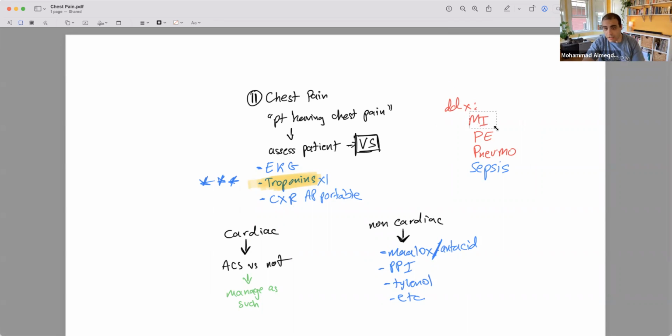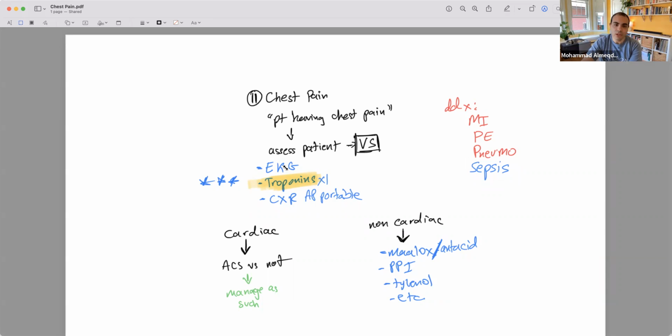It could be MI, could be PE, pneumothorax. I always say, never forget sepsis. Any change in the clinical status of the patient is sepsis until you prove otherwise. So keep sepsis in your mind, regardless. Patient complains of finger pain, sepsis. Headache, sepsis. Just keep it in your mind so you don't miss it.